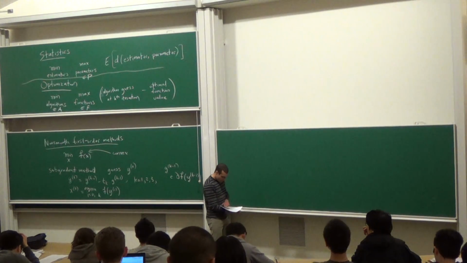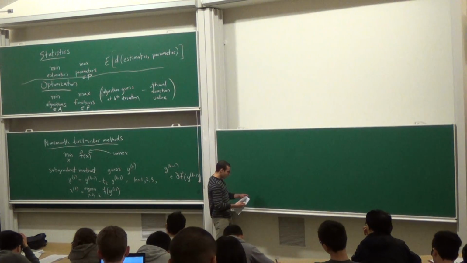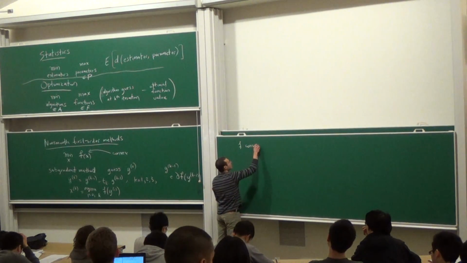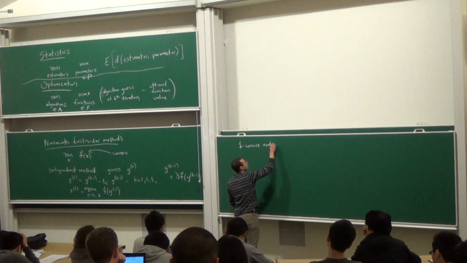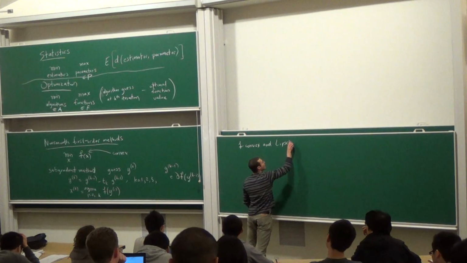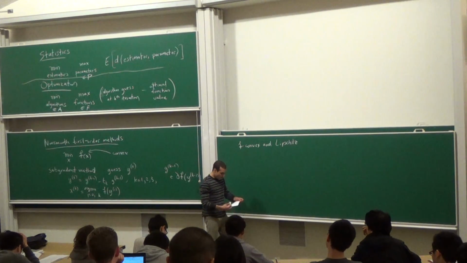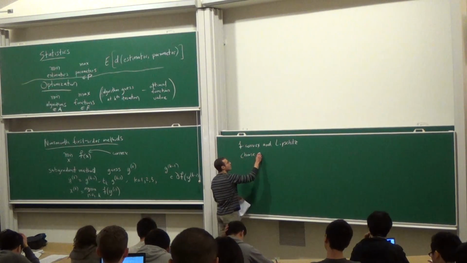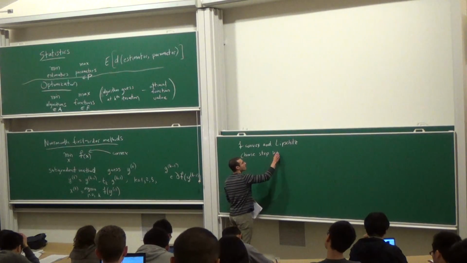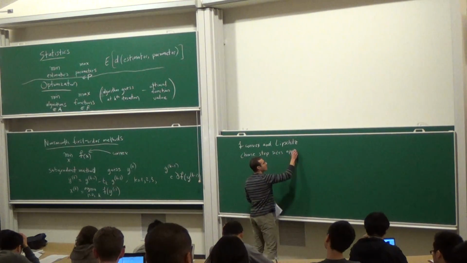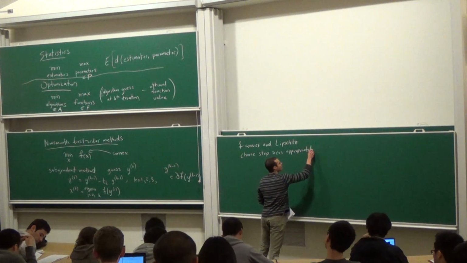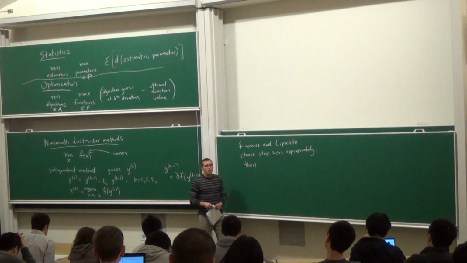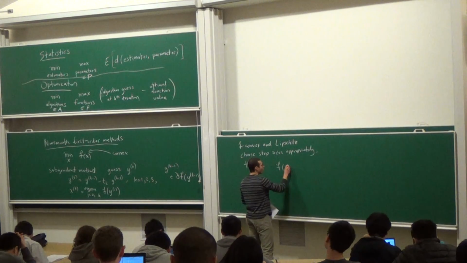Just to remind you, the main conclusion that we have is that if f is convex and Lipschitz, so if the function that we're trying to minimize is not only convex but Lipschitz, and I choose the step sizes appropriately, after k steps I have the following bound.